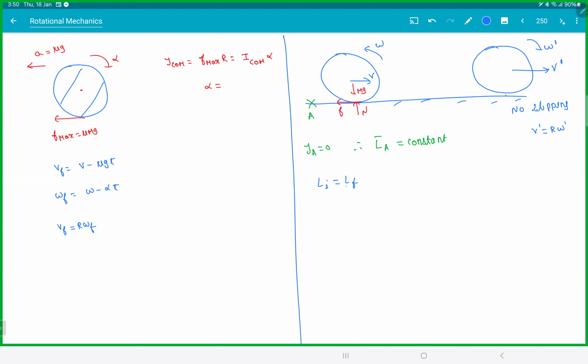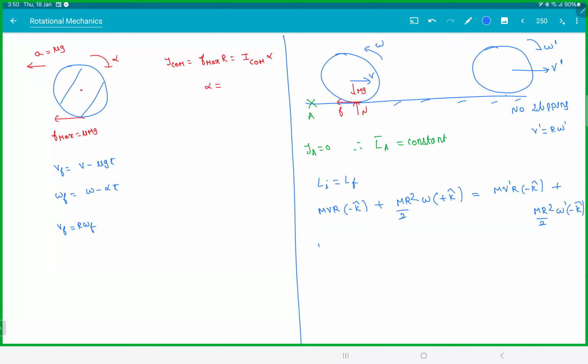So initial angular momentum about A: angular momentum of center of mass mvR minus k cap, plus I COM omega. It's a disk, I is mR square by 2, omega plus k cap. Finally, when it stops slipping, mv dash R minus k cap plus mR square by 2 omega dash minus k cap. Signs are important. Be very careful when you take angular momentum.